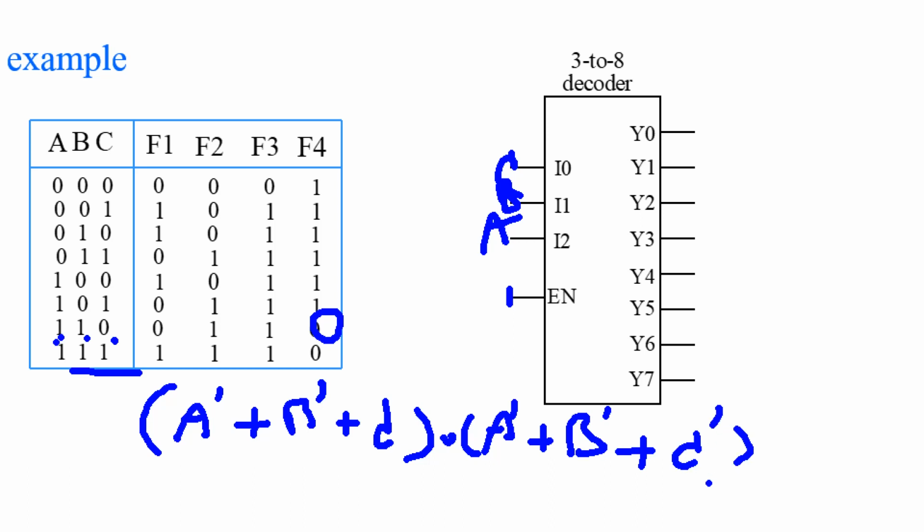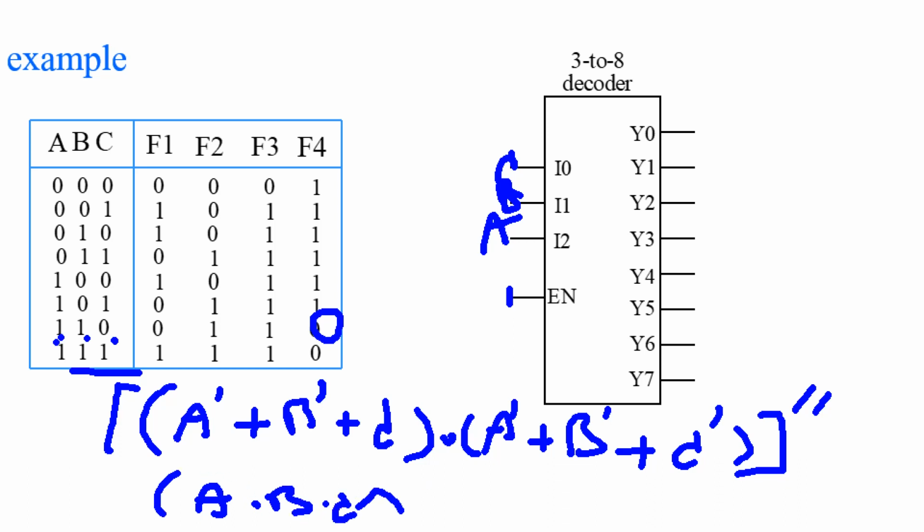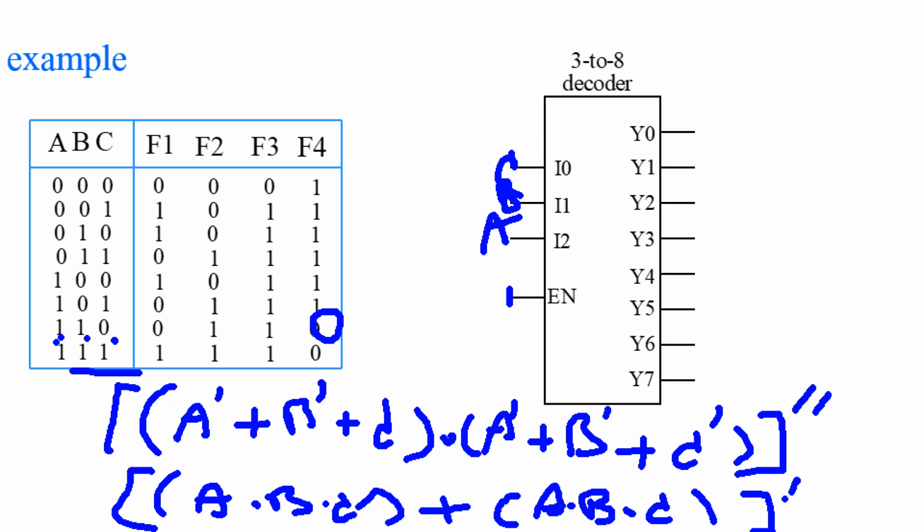Then when you invert them again, this one becomes A and B and C prime, or A and B and C. The corresponding output is Y6 for the first, and this term is Y7.